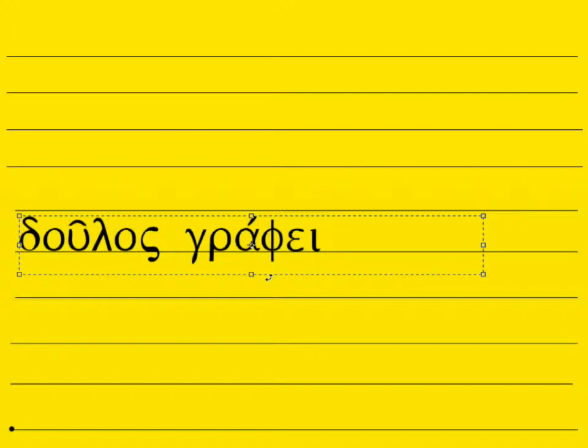This is the third person singular. A slave is writing, and then a law is the word nomon, and so it's from the vocabulary. I know that it's accented on the penult, so we'll put an accent there. It's in the accusative, and so I'm going to put it in the accusative case, and thus we have a slave is writing a law. That would be the first of the illustrations from the composition.